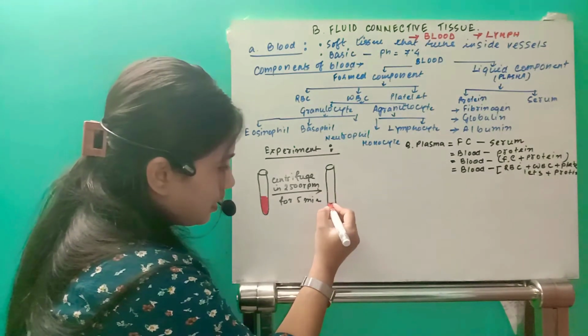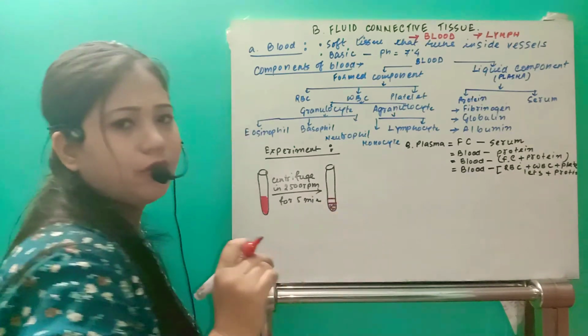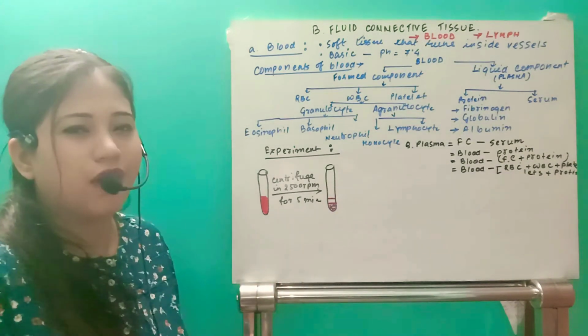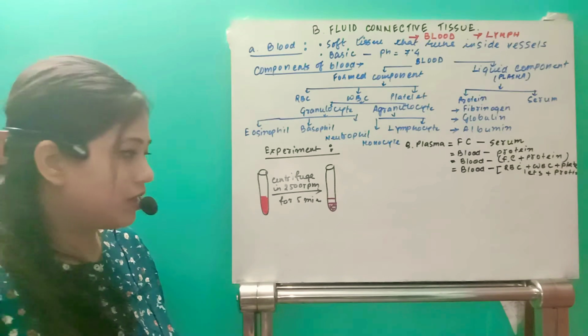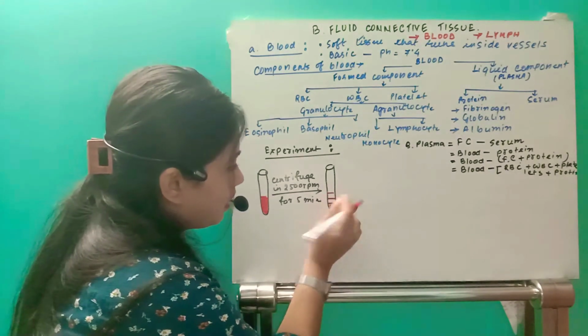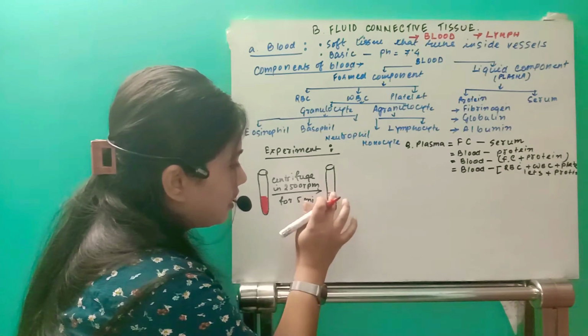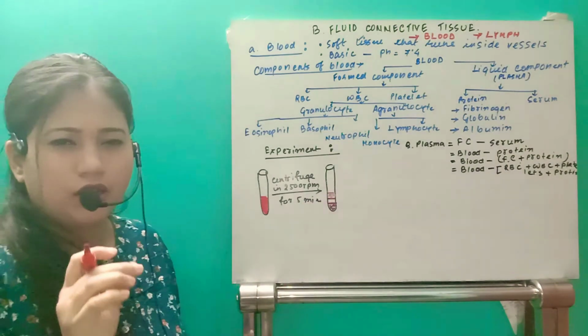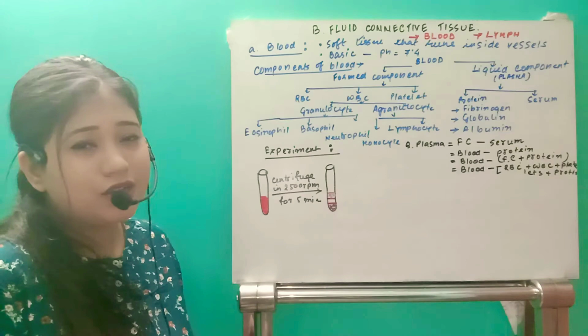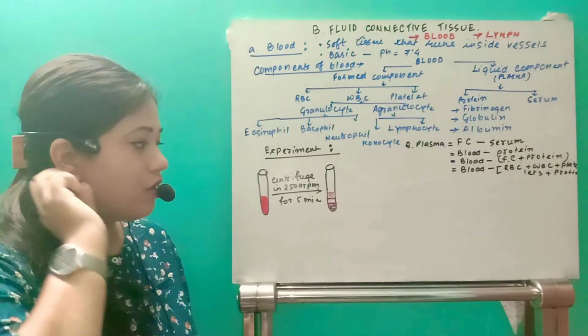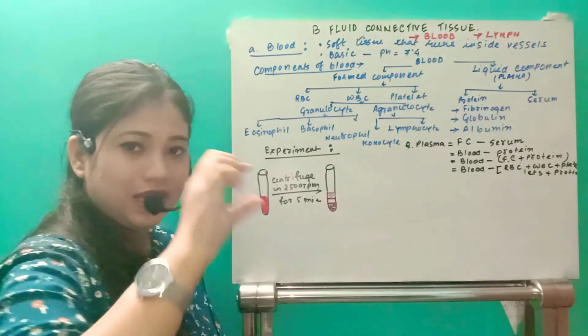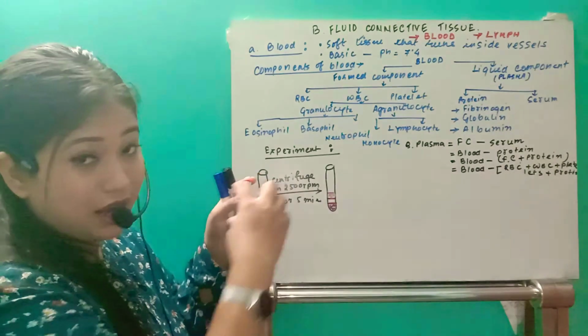Then after that there will be a layer which will be white, opaque or transparent, and above that there will be a liquid layer, slightly yellowish or reddish orange in color. This way you will see certain layers.